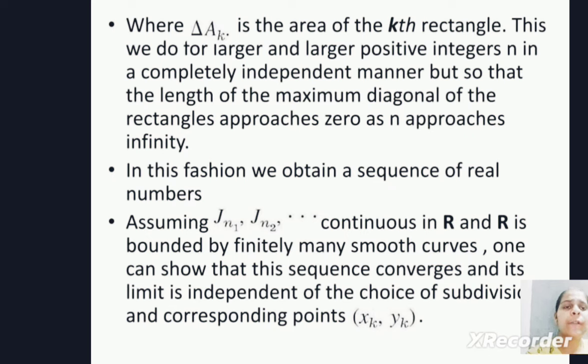In this fashion, we obtain a sequence of real numbers. Assuming f is continuous in R and R is bounded by finitely many smooth curves, one can show that this sequence converges and its limit is independent of the choice of subdivision and corresponding points xk, yk.